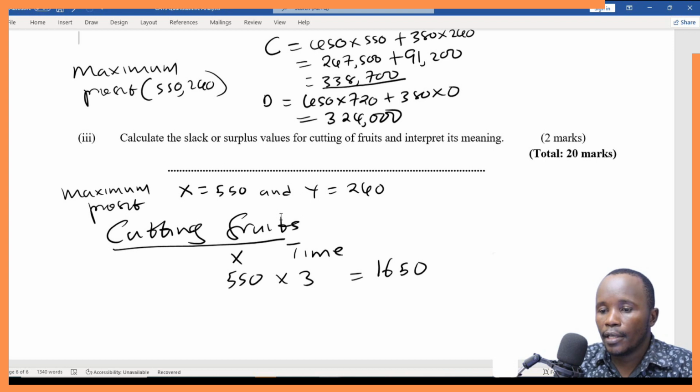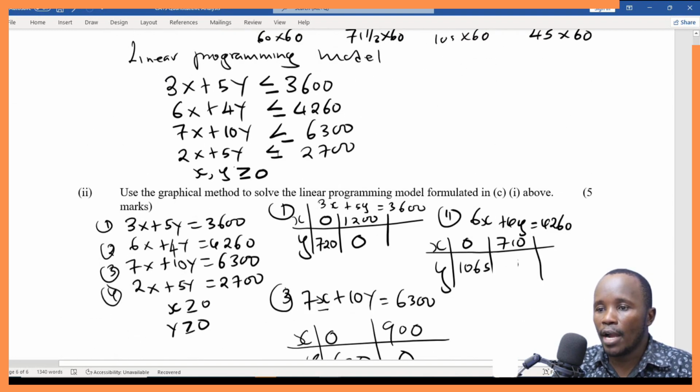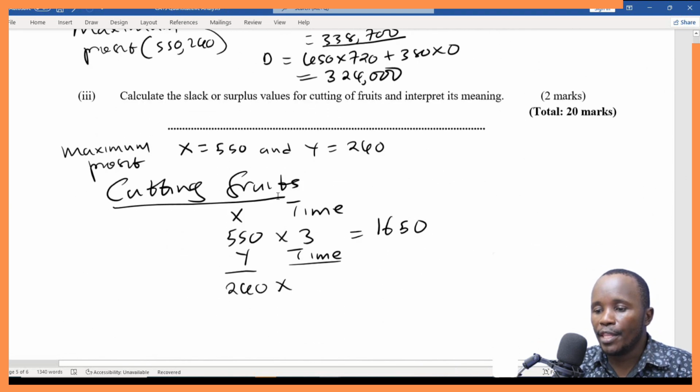Y is 240 and the time for y, let's check. What is the time allocated for y in cutting? 5. We multiply this one by 5.